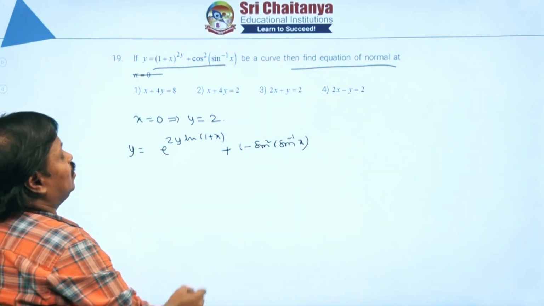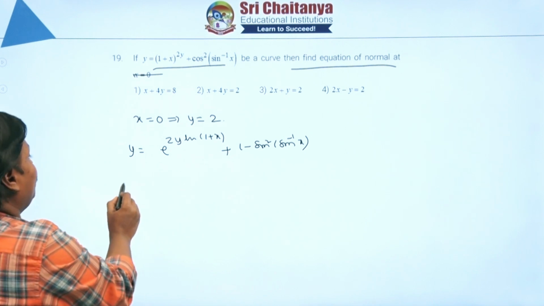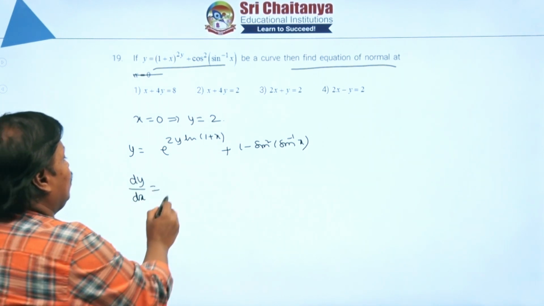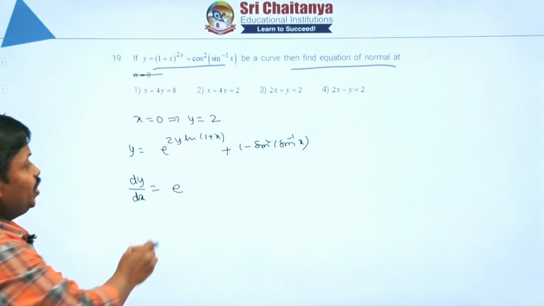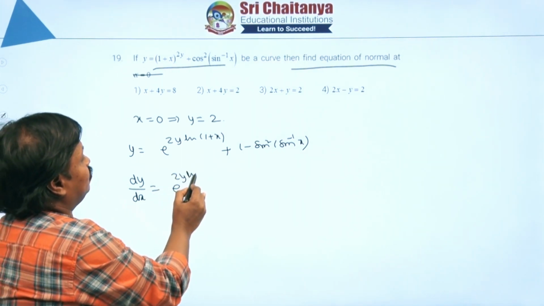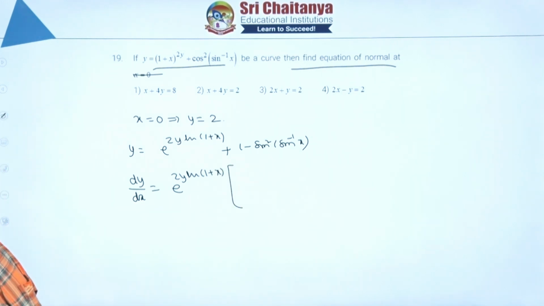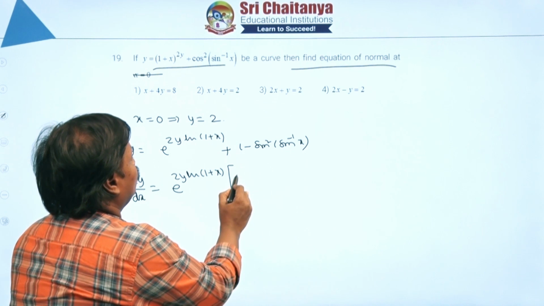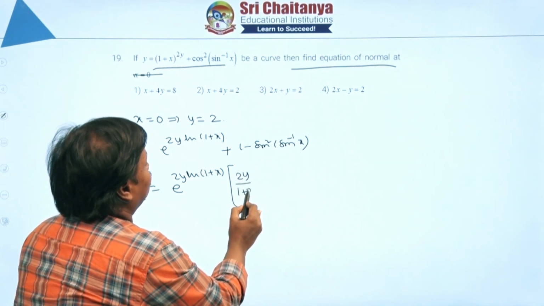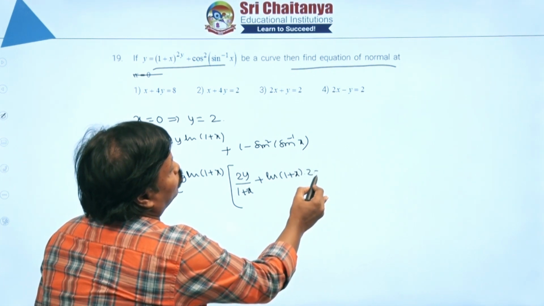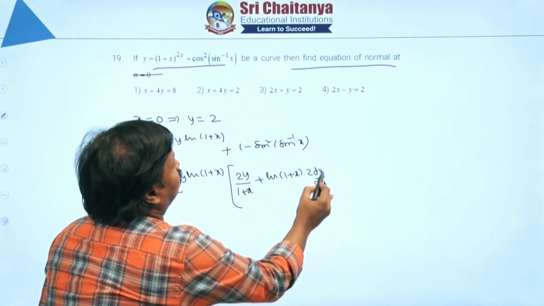So this is nothing but dy by dx equals, if you differentiate it, you will get e power 2y into ln of 1 plus x, into the derivative of 2y into ln of 1 plus x, which is 2y by 1 plus x plus ln of 1 plus x into 2 dy by dx.